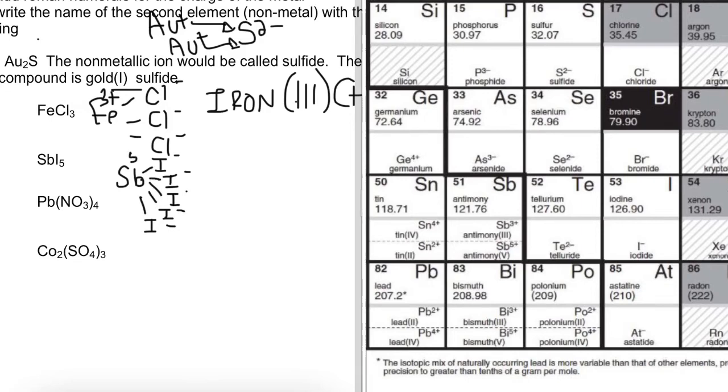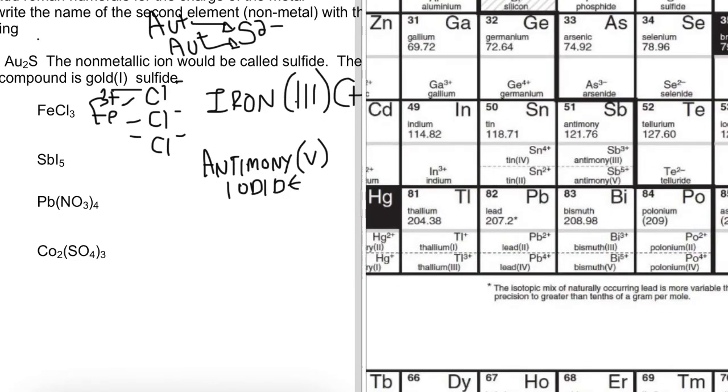So it's a 5 positive charge. Sb, I honestly can't remember what number it is on the periodic table, but it's antimony. Not an element you hear too often. Then it has a Roman numeral V for 5, and then we just write iodide.